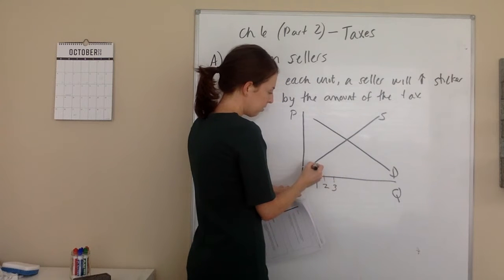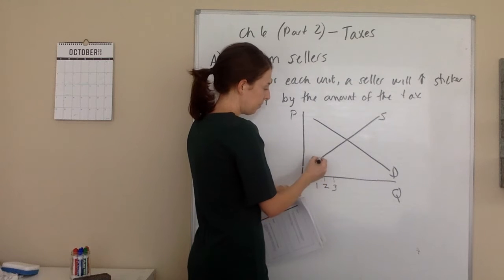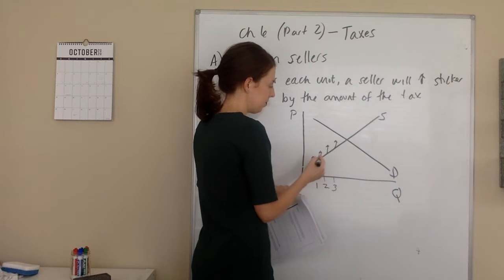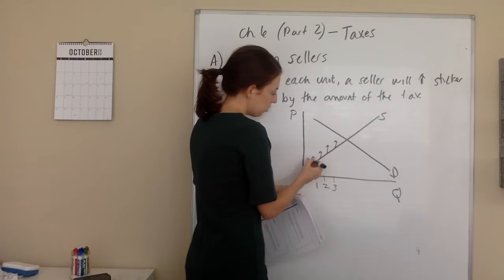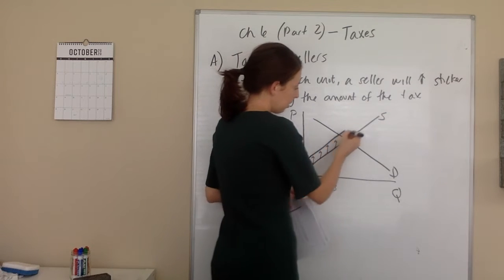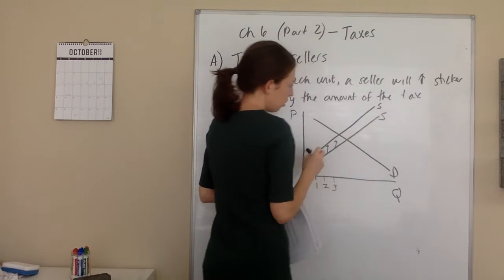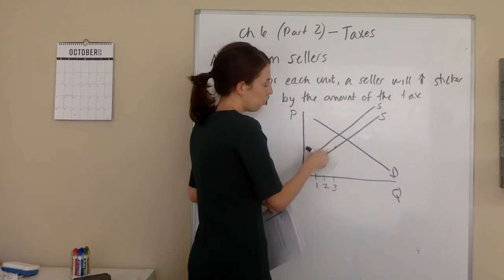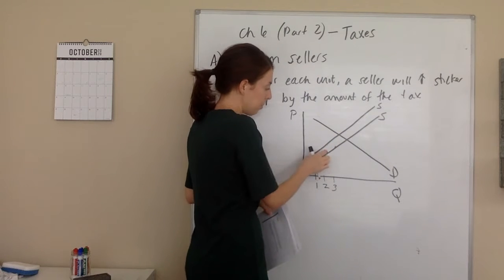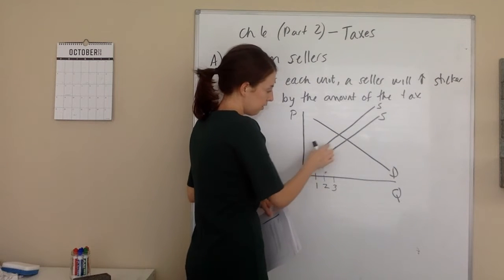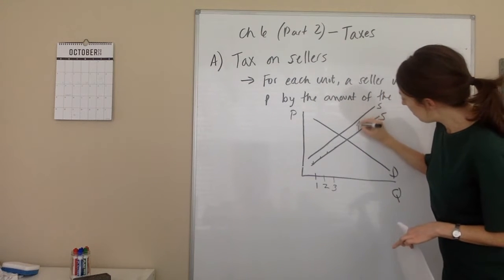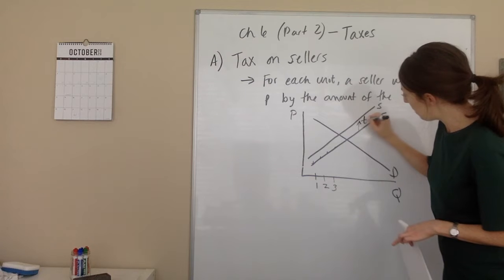And if the price is originally $1, you're going to raise it up to $1.10. And then here, you're going to raise it up by 10 cents, again by 10 cents, and again by 10 cents. So this would cause the whole supply curve to basically just move straight up. And what's important that you note here is that the amount that it's moving up by is equivalent to the amount of the tax.